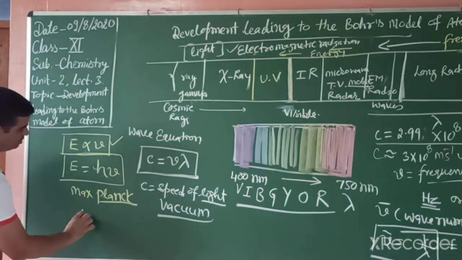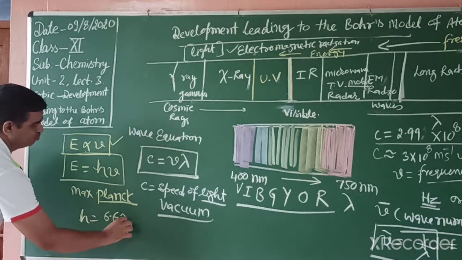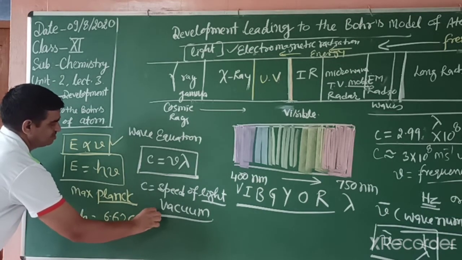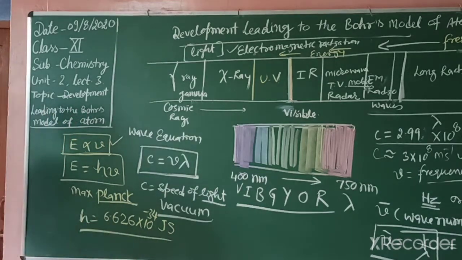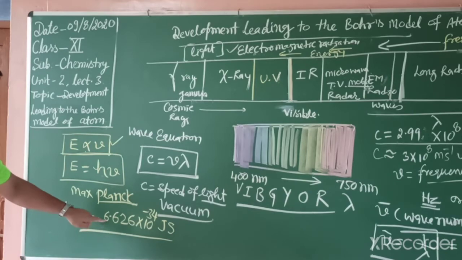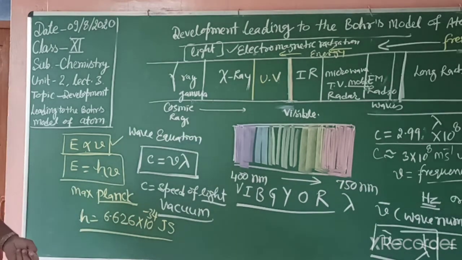What is that h value? 6.626 into 10 to the power minus 34 joule second. Students, this is the h value, and it is very important in numericals.